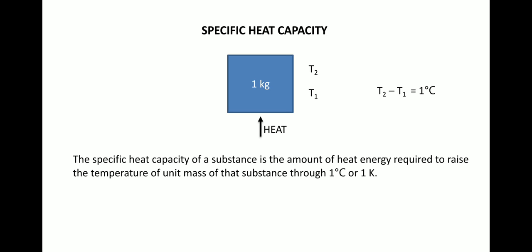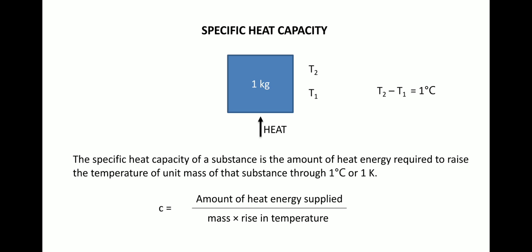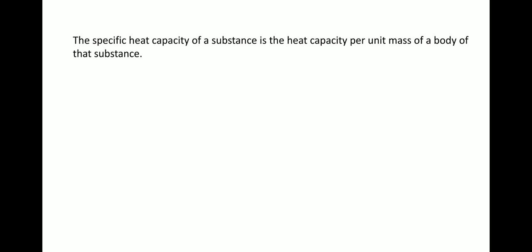Specific heat capacity is represented by small c, which is equal to the amount of heat energy supplied divided by mass into rise in temperature. The specific heat capacity of a substance is therefore the heat capacity per unit mass of a body of that substance.